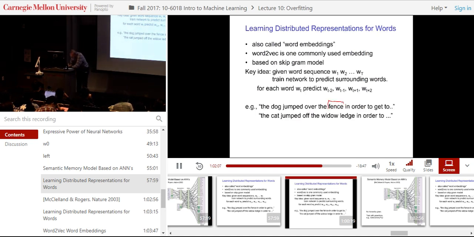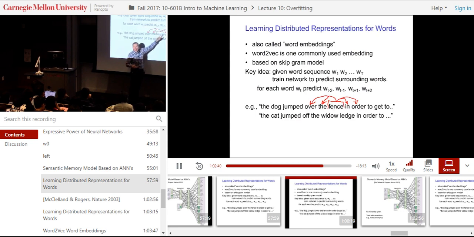Okay, so we would train a network where the input to the network was here, then the output of the network should predict what this word is, what this word is, what this word is, what that word is. And then the same network, when we put it over this word, should predict the two to its right and left. Okay, so that's how we're going to get training examples. We'll just get gazillions of words of text and train a network to do this.